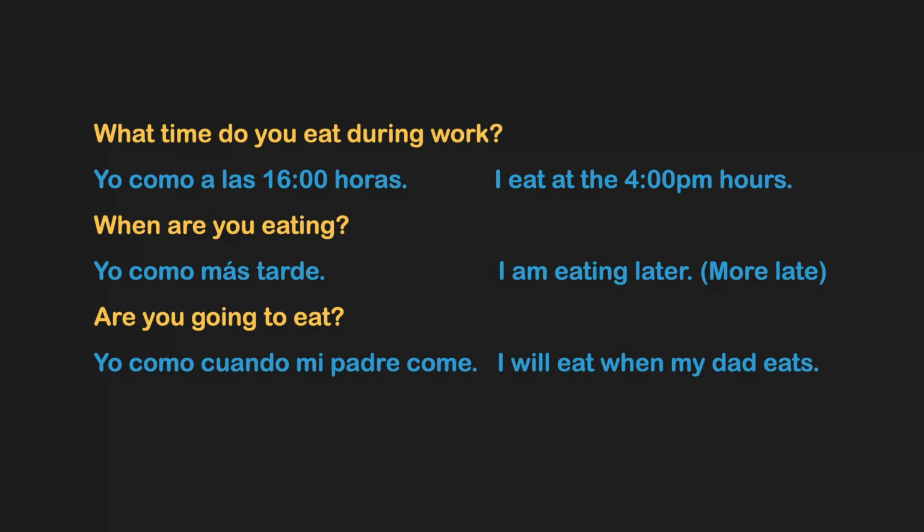Okay, and then are you going to eat? Well, I'll eat when dad eats. I will eat when dad eats. And notice how when I'm using that, it is I eat when my dad eats. You see how we do that in English? You see how we've switched it? So it's the same in Spanish, and I'll highlight it right here for you. Look, it says I eat when, and then look how I conjugated it for it to match the actual person.